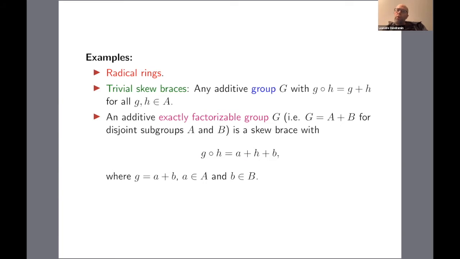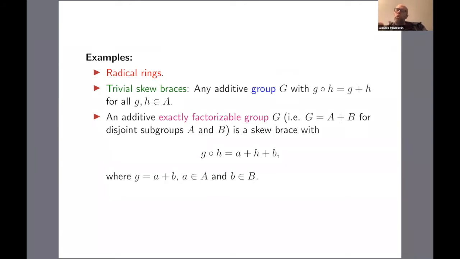Of course, you can also have group theory somehow as the trivial case, right? Because if you have a group, then you can turn this group into a trivial skew brace. Just, the circle and the addition are the same operation. And also, Majid mentioned this.